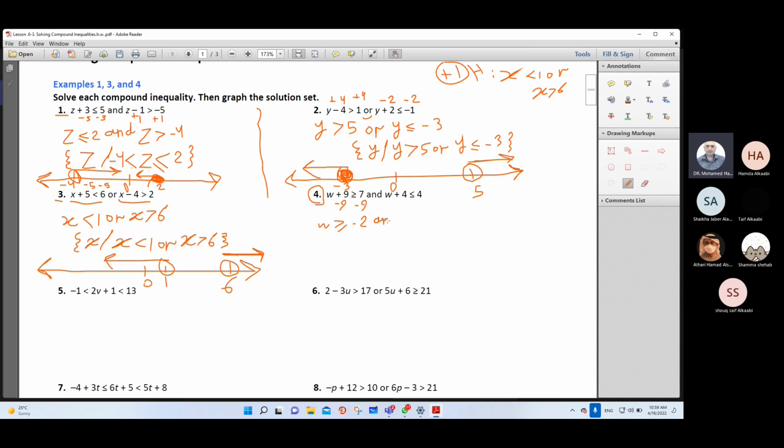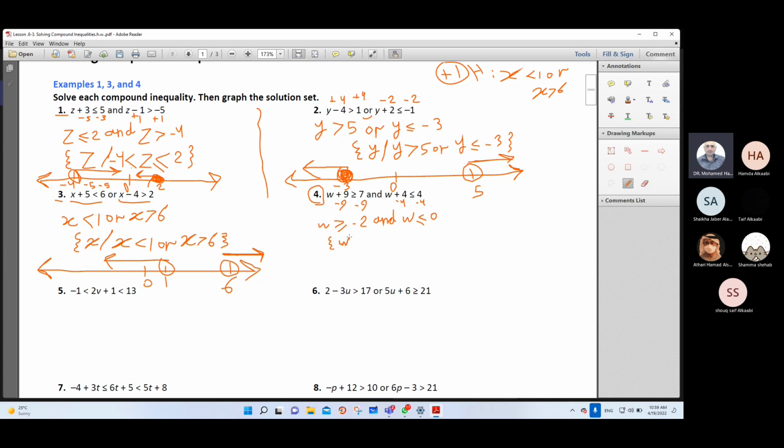And the same idea here, subtract 4 from the two sides. So plus 4 and minus 4, 0, means we have W less than or equal 4 minus 4 will be 0.